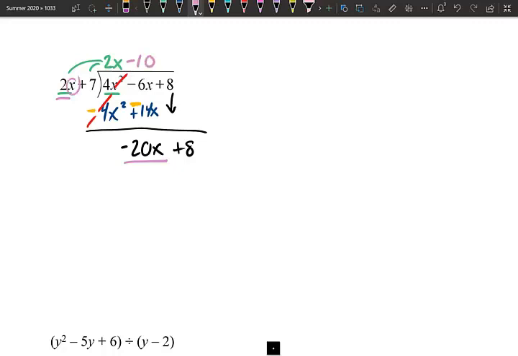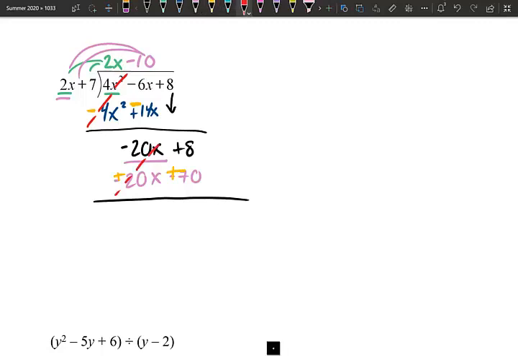X and x already match, so we're good to go. Now we multiply it back out. So we have negative 10 times 2x is negative 20x. And then negative 10 times 7 is negative 70. Again, we're going to switch the signs. So negative becomes positive, negative becomes positive. Our first term cancels.